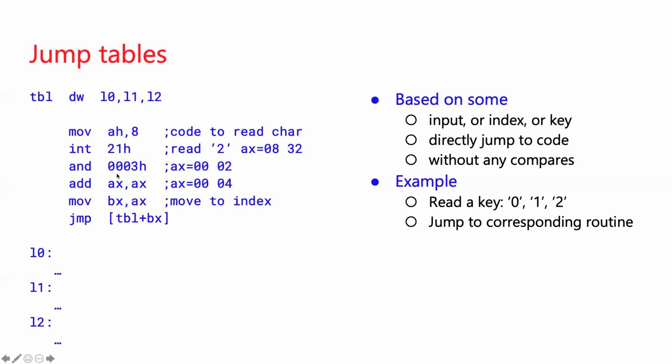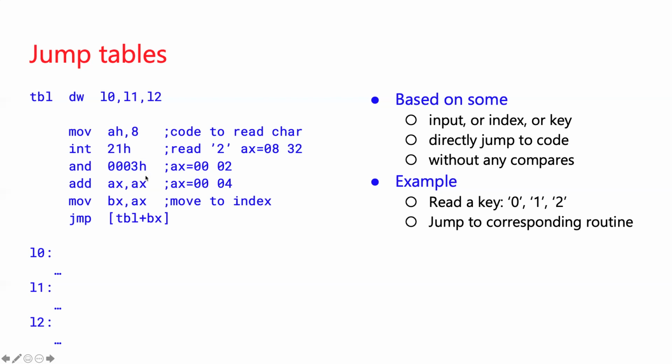and we AND it, well, when we read a code from the user, of course, it's going to be in AL. If we AND with 0003, well, that's hexadecimal, but if you think of that in binary, it's a bunch of zeros with 2 1s in the low order bits.